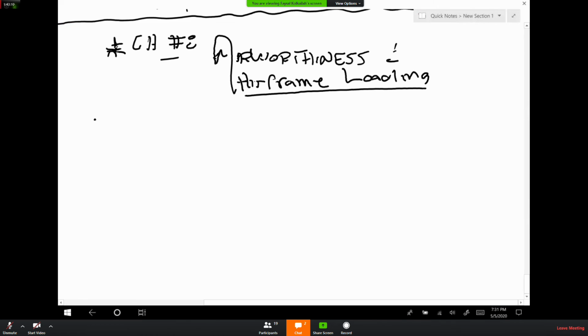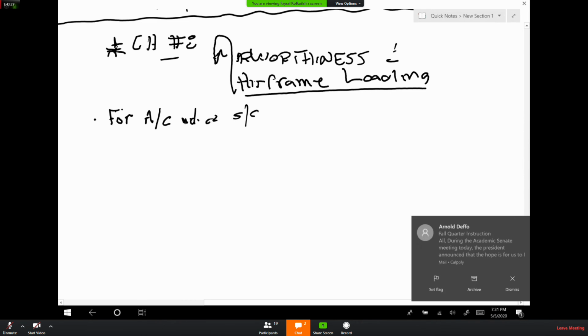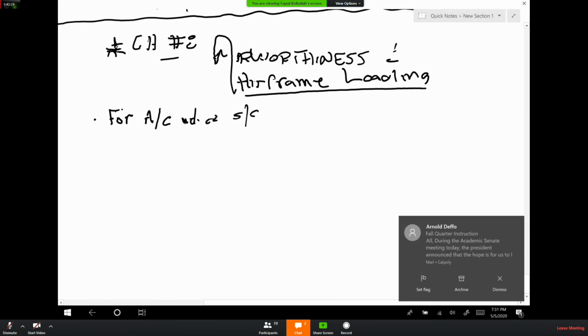The airworthiness really, what is the main concern? So for aircraft and or spacecraft, right?